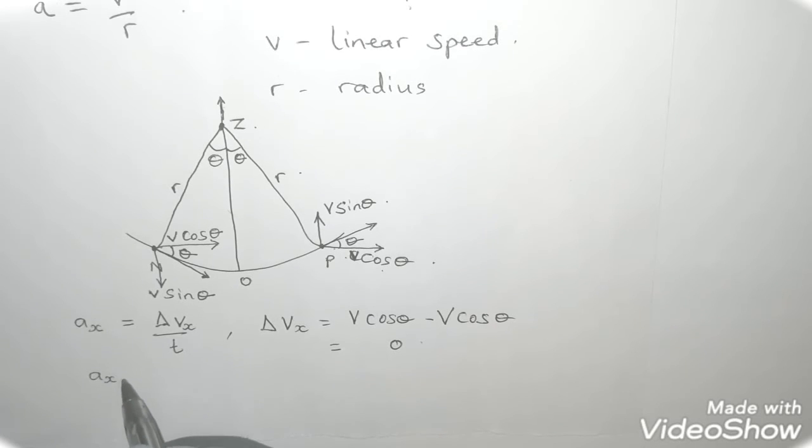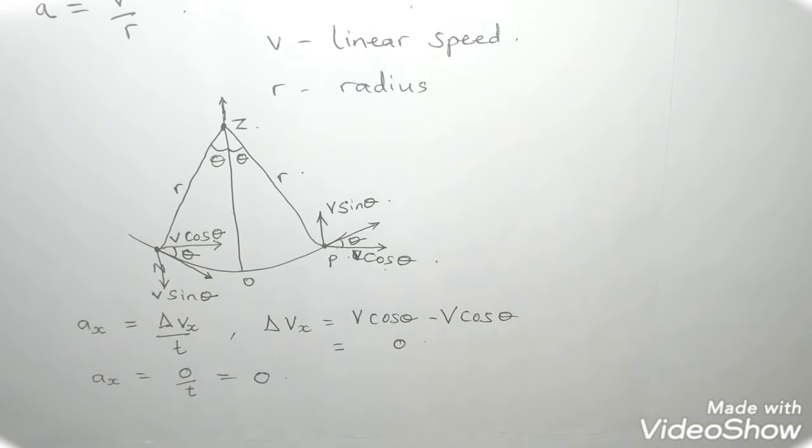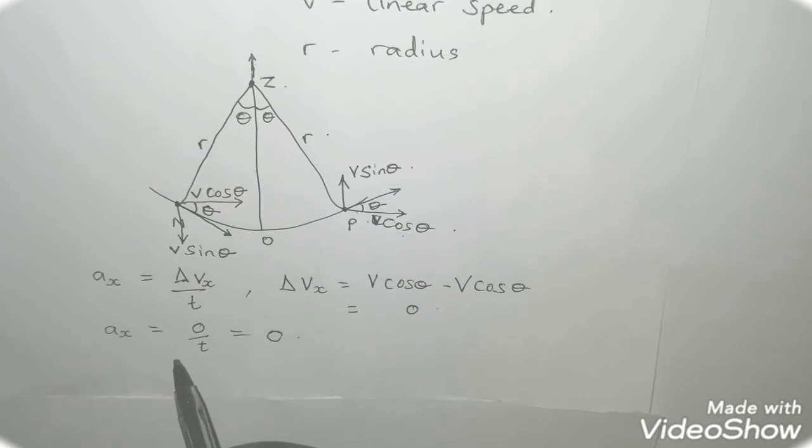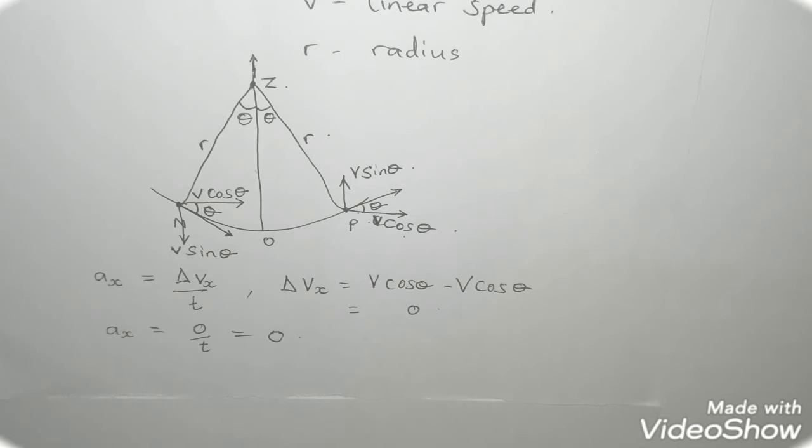Therefore, the horizontal acceleration is 0 over t, which is 0. So our horizontal component of the acceleration is therefore 0.